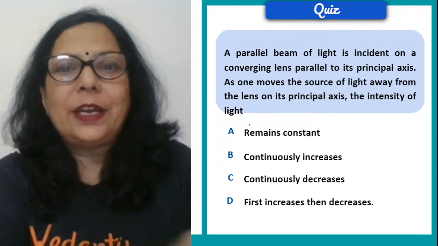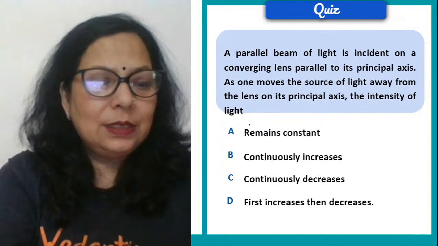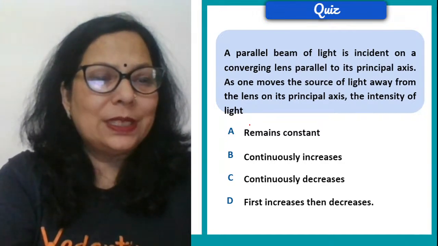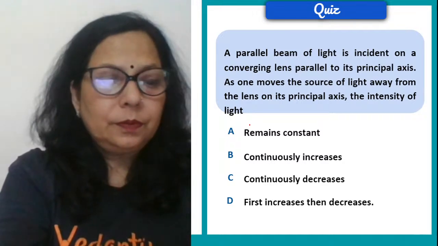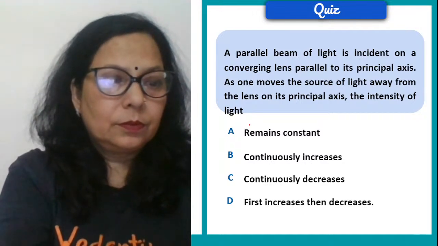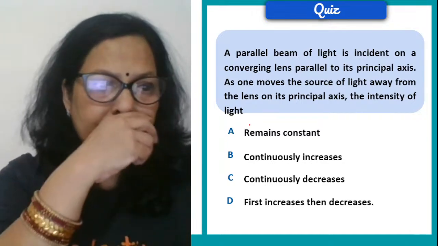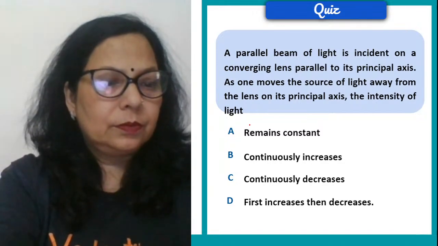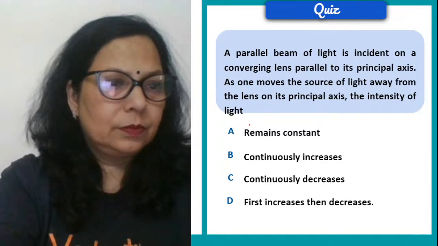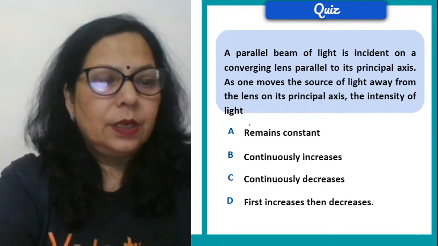As one moves the source of light away from the lens on its principal axis, what will happen to the intensity of the light?